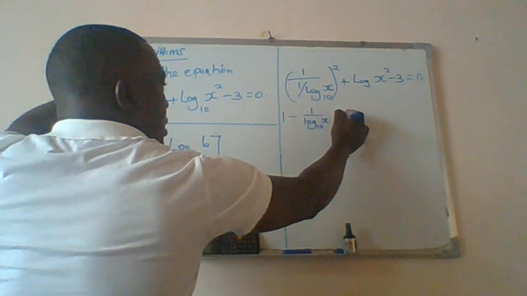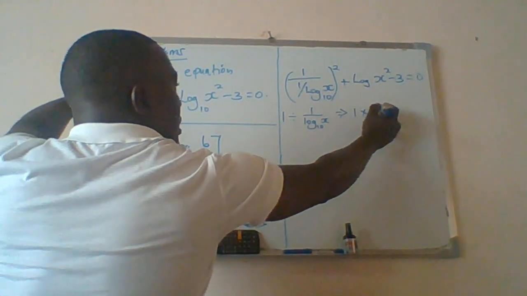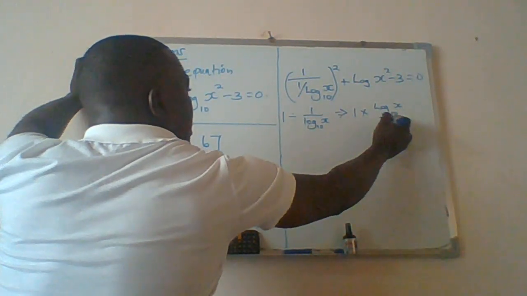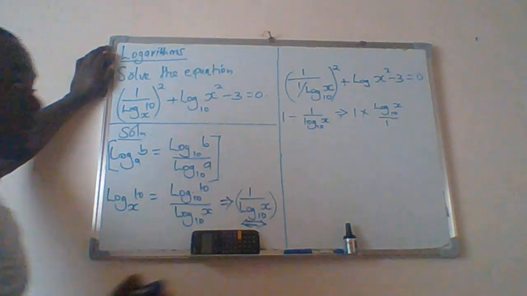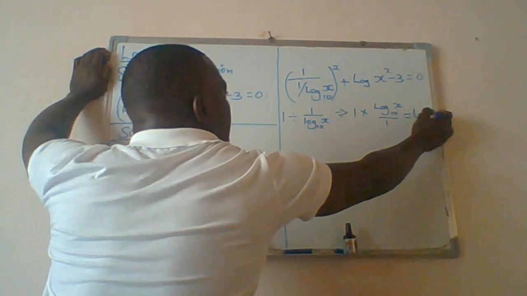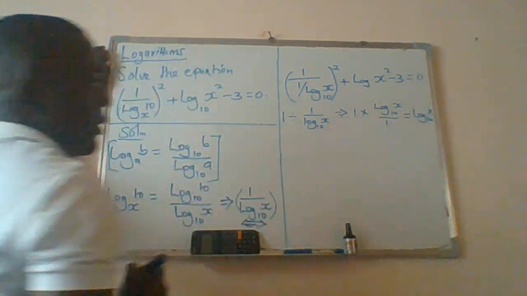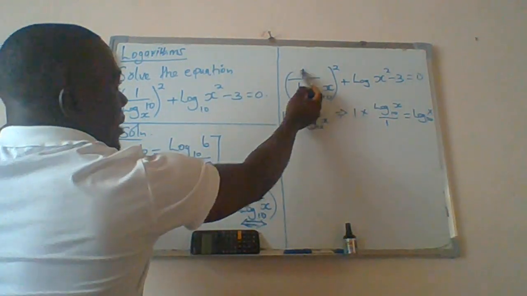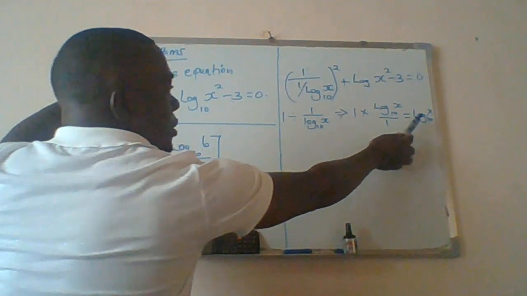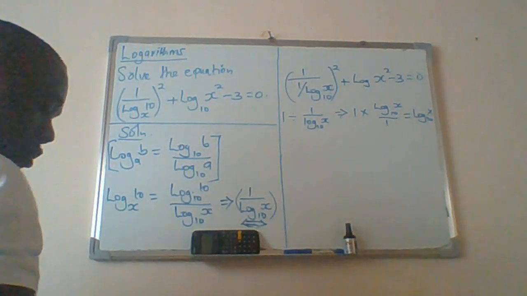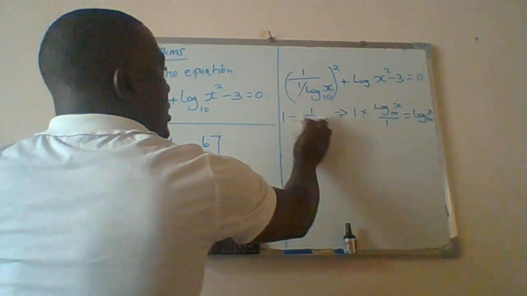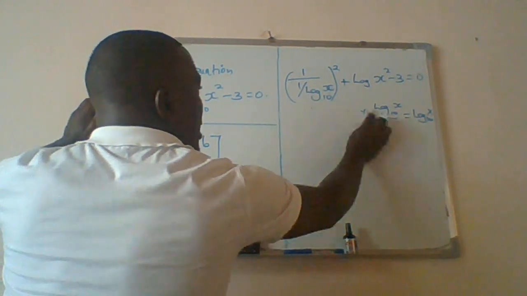So this is equivalent to 1 times the logarithm of x to base 10 divided by 1, which is log x to base 10. So the entire part in the bracket is equivalent to log x to base 10. Allow me to show what we are supposed to do in that region.